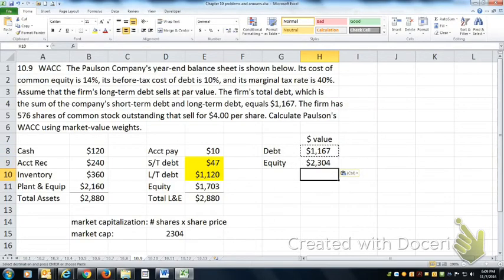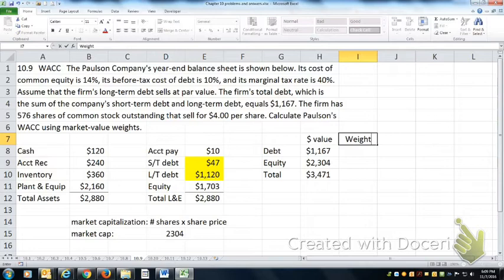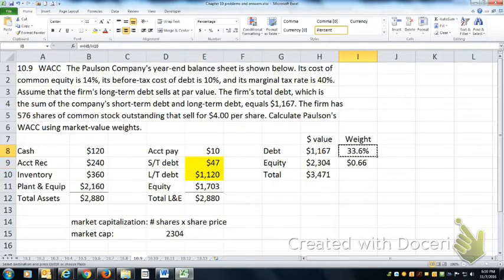So the market value of the company's capital is 3471. To get the weights, that would be 1167 over 3471, and 2304 over 3471. There's your weights.